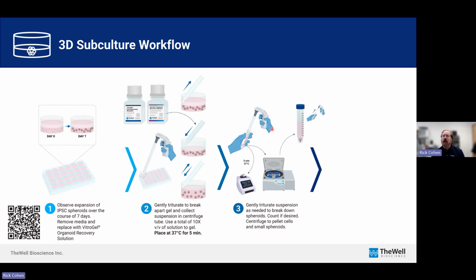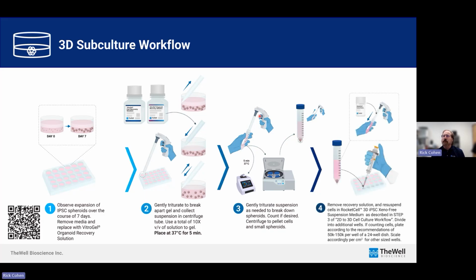So at first, you may want to just do a 1:2 or 1:3 or 1:4 dilution after you centrifuge it and form the pellet. Or you can do further downstream assays, which we'll talk about. So once you have the pellet, you'll resuspend it just like before in the 3D Xeno-Free suspension media, containing 3 times the amount of enhancer solution, and combine it in the 2:1 ratio as we discussed before.